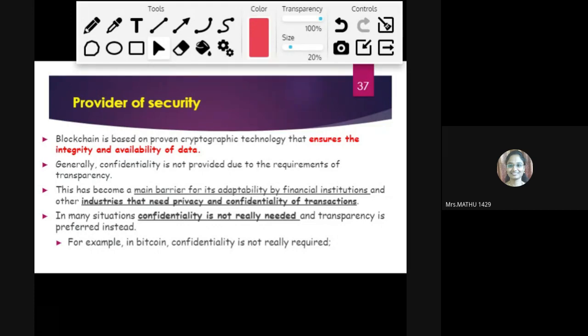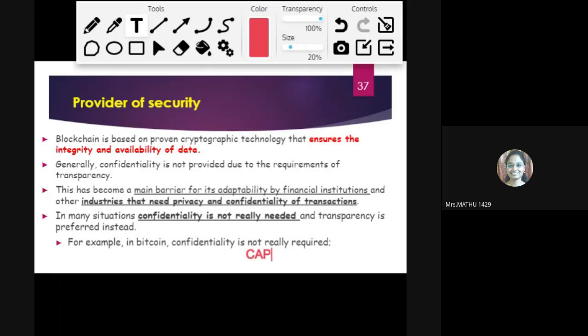What does the CAP theorem say? It is consistency, availability, and fault tolerance. But here in blockchain, the availability is also there, and also the integrity, or the consistency, of the data.